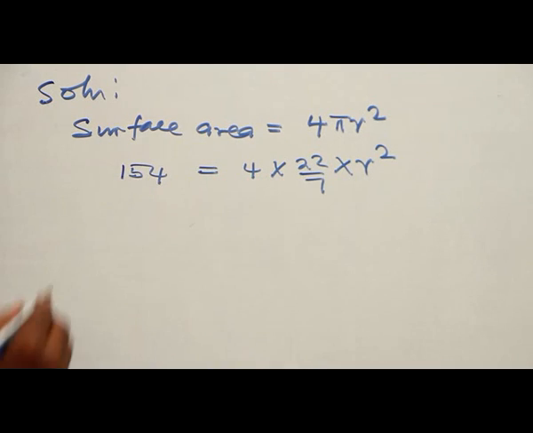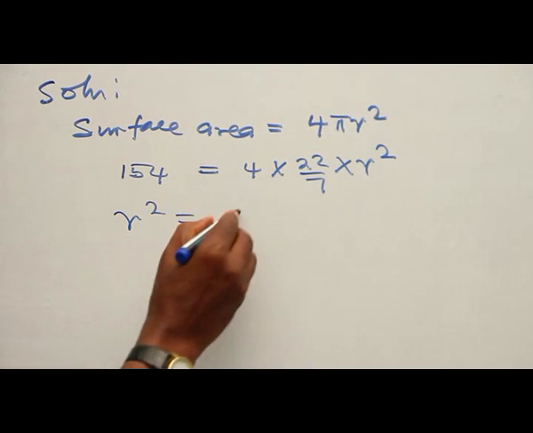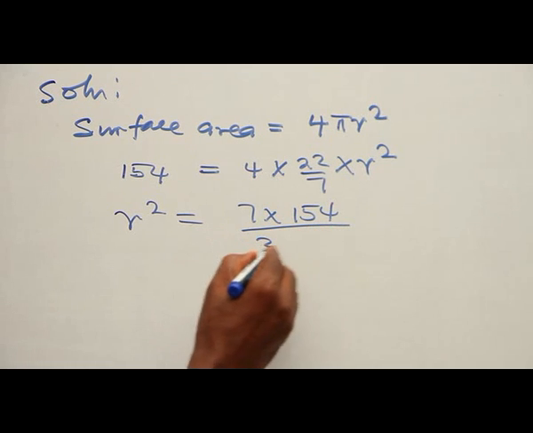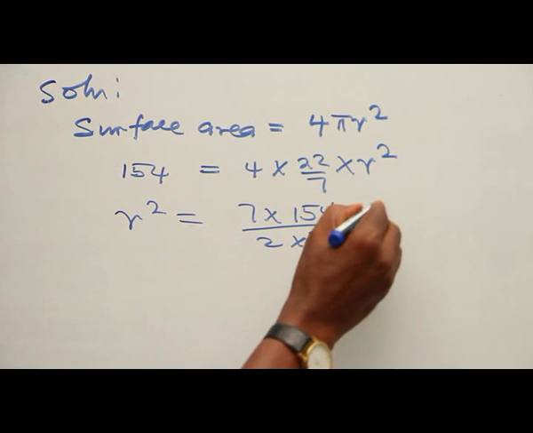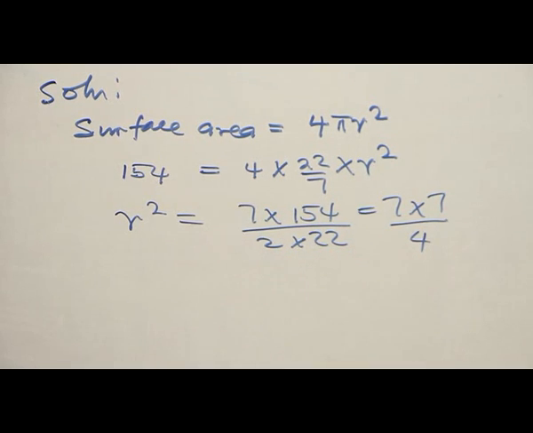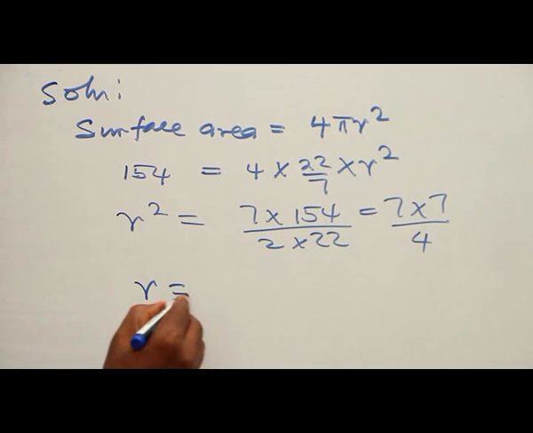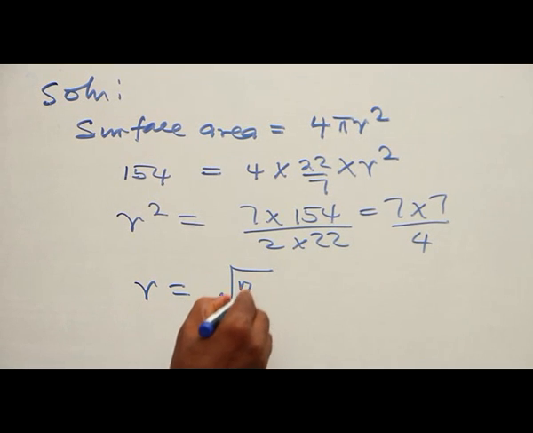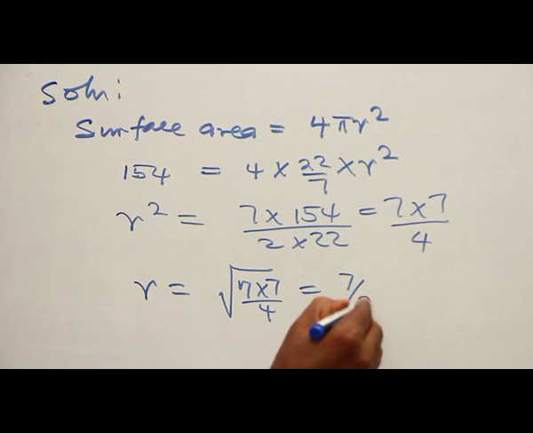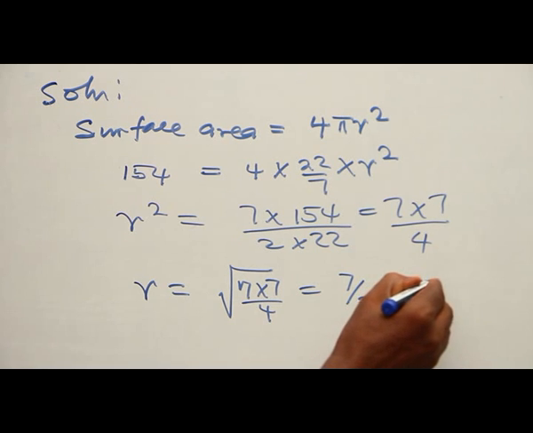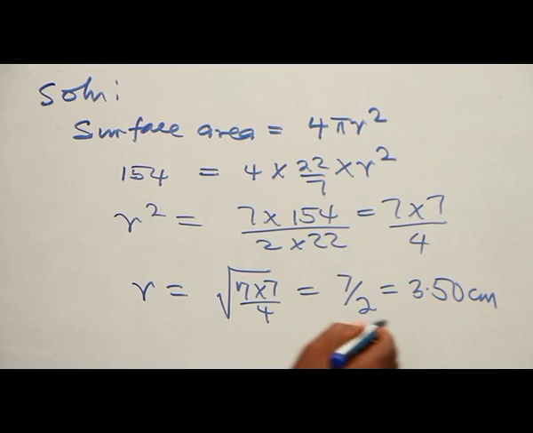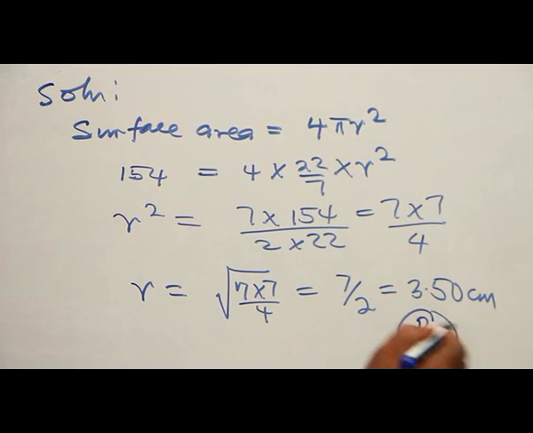We can now make r squared the subject of the formula, and that is 7 times 154 all over 2 times 22. This will give you 7 times 7 all over 4. Now, to find our r, you take the square root of 7 times 7 all over 4, and that is 7 all over 2, which is 3.50 centimeters. The correct option there is option B, and the correct answer.